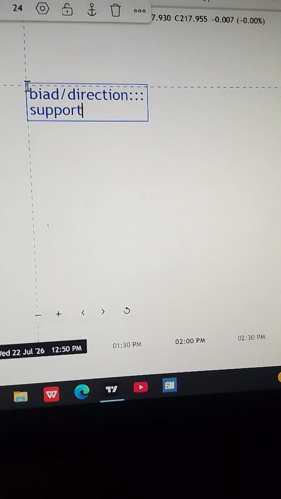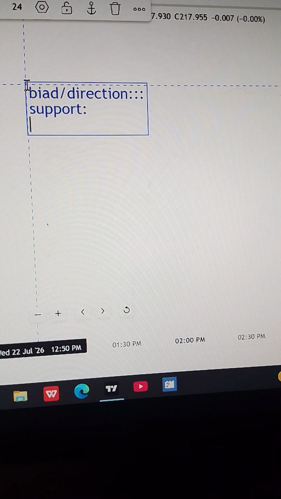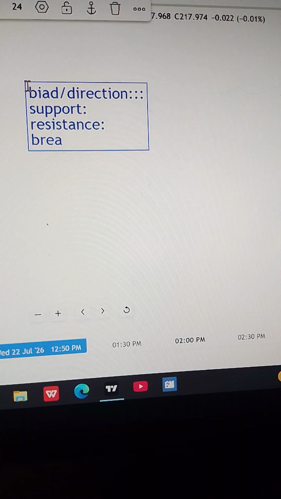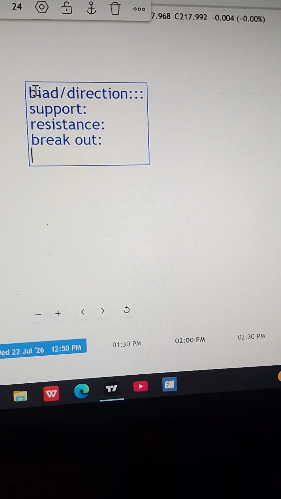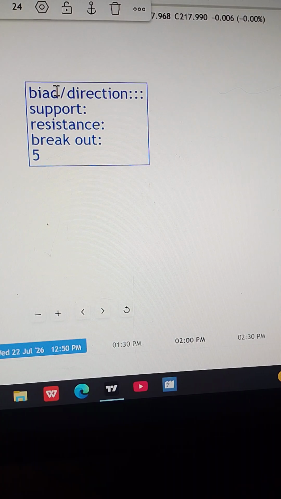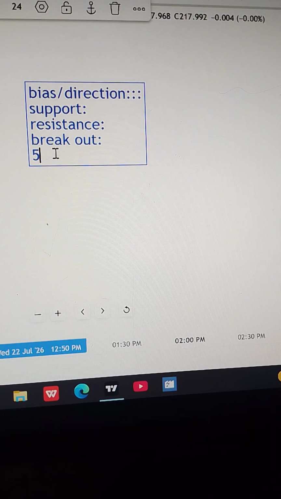Support, resistance, breakout, and you are supposed to be on the 5-minute time frame. 5-minute time frame, not 4. It's 5-minute time frame.